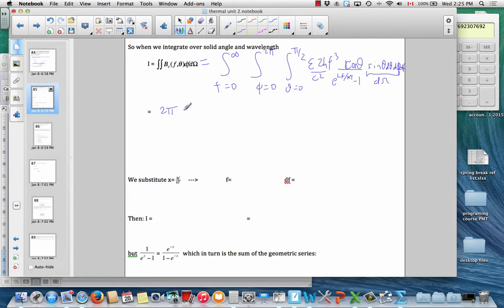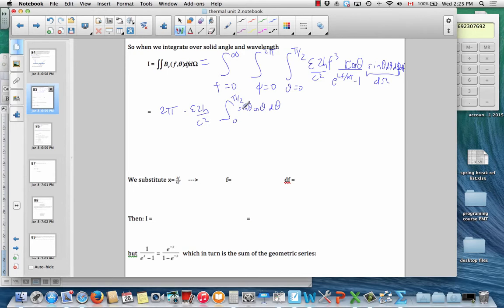And then we can pull out all the other constants, the epsilon, the 2h, the c squared. And then for our theta integral, we've got sine theta cos theta. I'll just rearrange those a little bit. Sine theta cos theta d theta from theta is 0 to pi over 2.